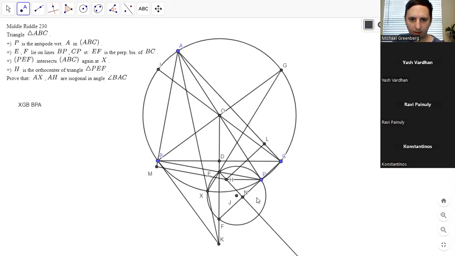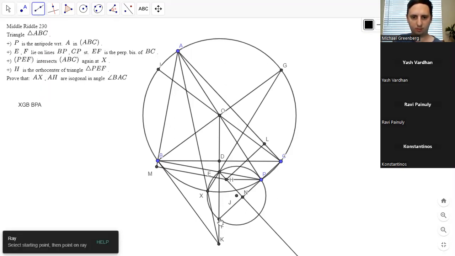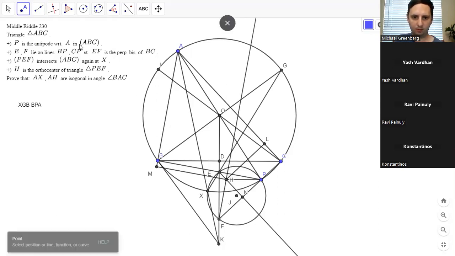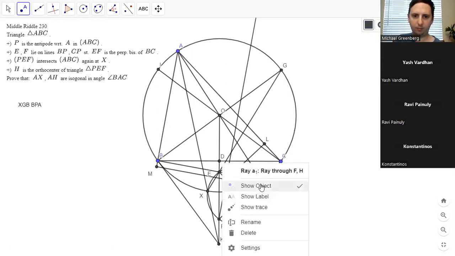And HM is just BQ. So I want to find CN over BQ.